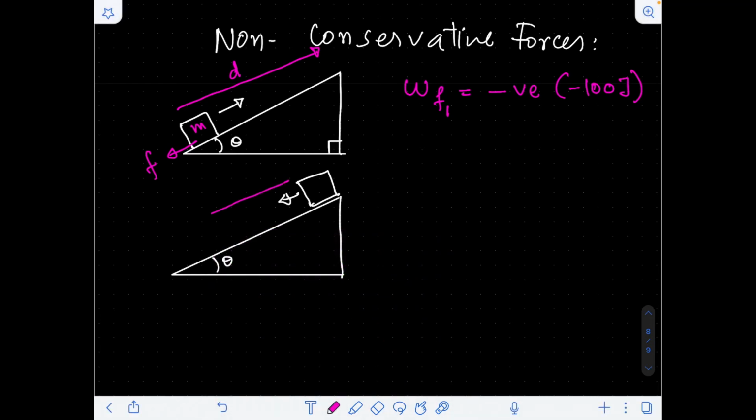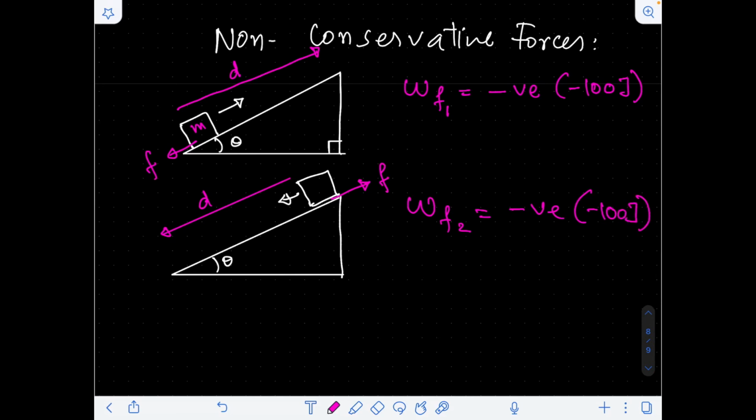So the displacement is downward along the inclined plane, but the applied friction between the wedge and the object is in this direction. Again the displacement and the force have opposite directions, so the work done by the frictional force on the object is again negative, and let's say it is again minus 100 joule.